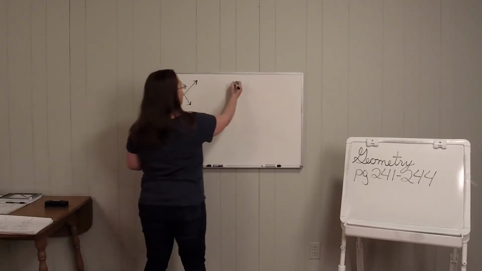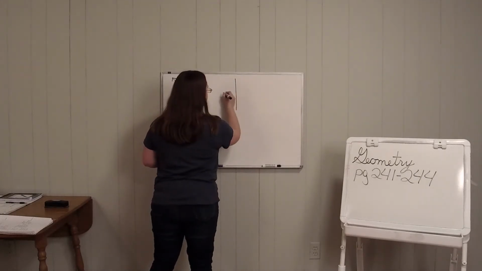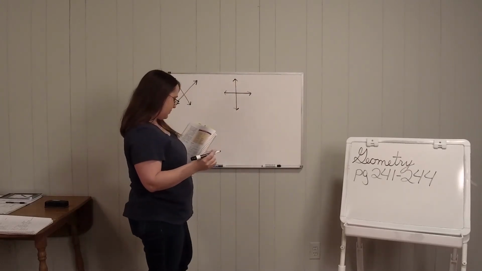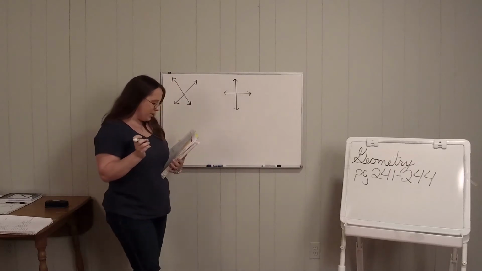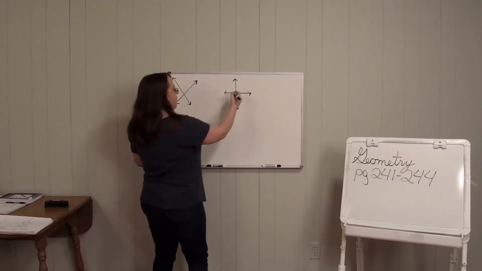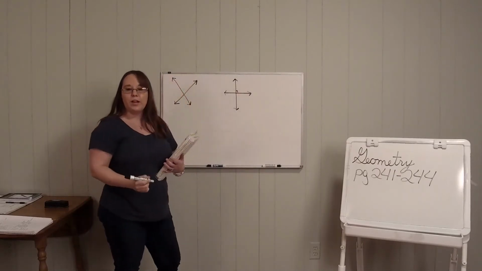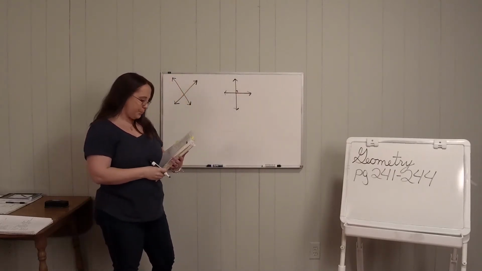This would be an intersection. These are perpendicular lines. They are intersecting lines that form right angles. Means that you can draw a little square there. And that means it's perpendicular.